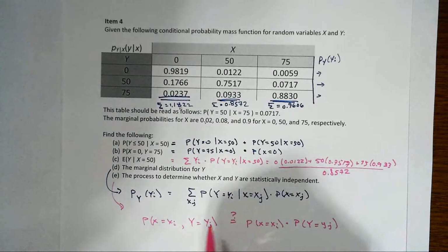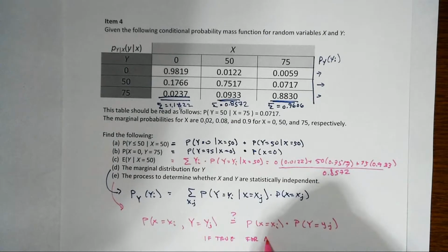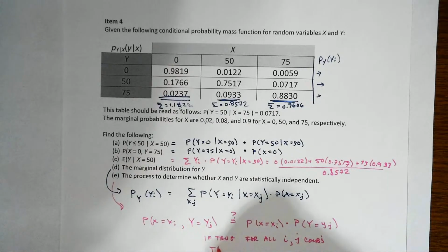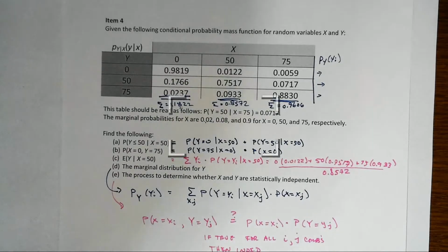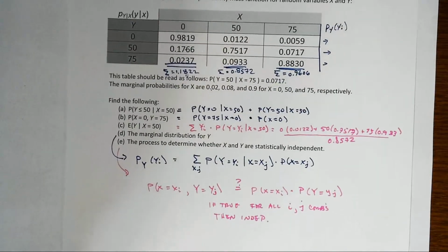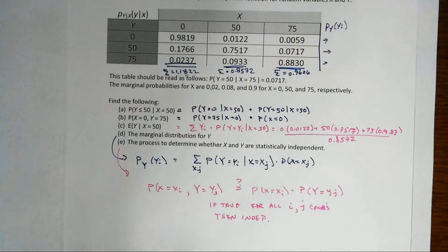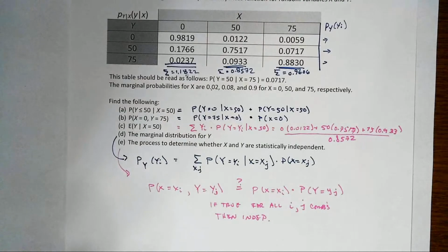Right, so if true for all i and j combinations, then independent. Otherwise, it is not. So you only have to find one instance of that to discover that they're not independent and that they are dependent.